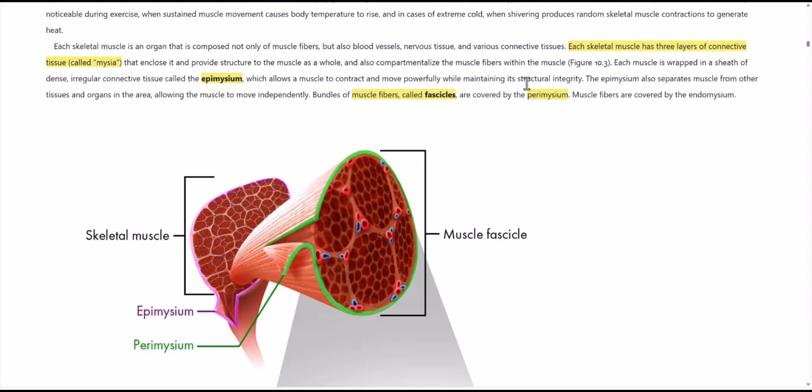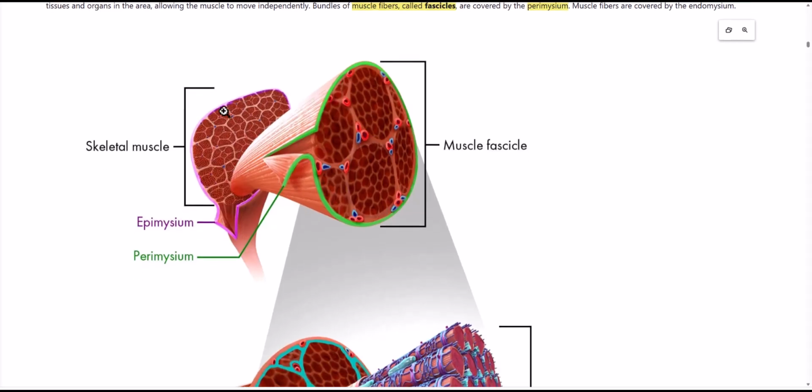So this is a type of connective tissue that goes around the fascicles and is one of the connective tissue layers. Let's take a look at that image. So here we see this is the entire muscle. Pulled out of that, we see this entire big structure. This is a fascicle, it's labeled.